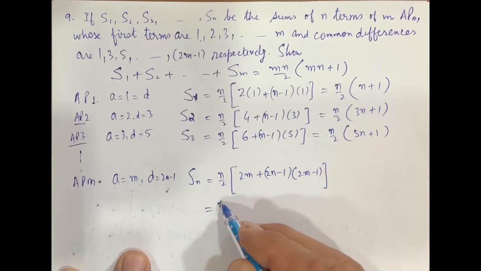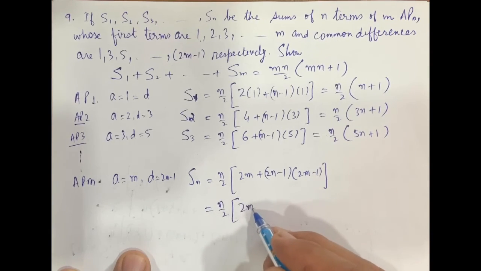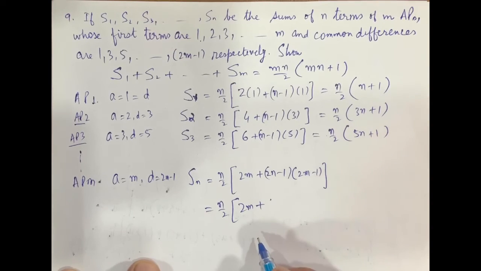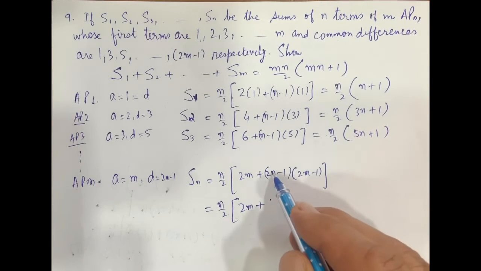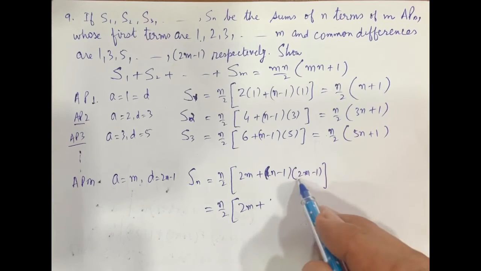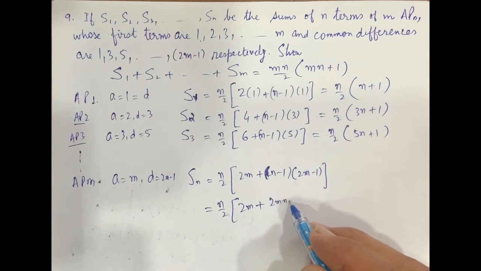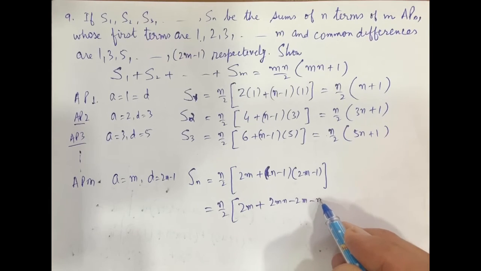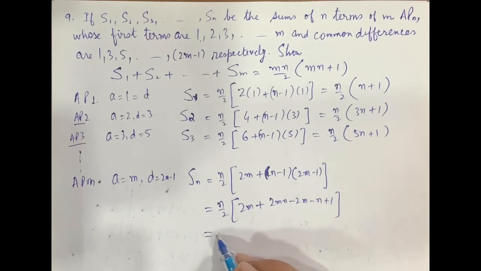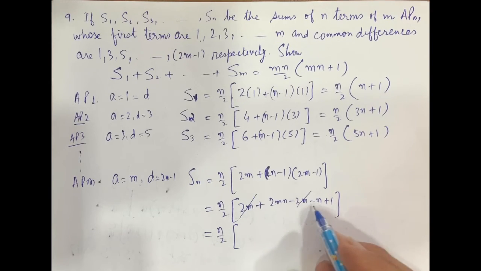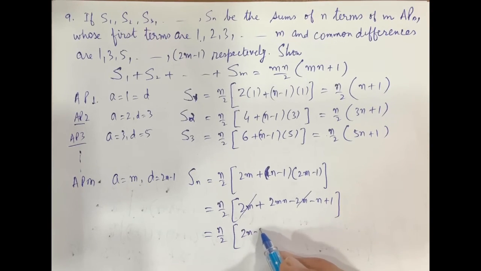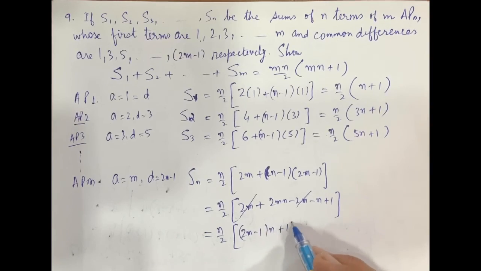This can be written n by 2, 2m plus (n minus 1) into d. So open the brackets, this is 2mn minus 2m minus n plus 1, which further simplifies to, this will cancel out, 2mn minus n is (2m minus 1) into n, and plus 1.